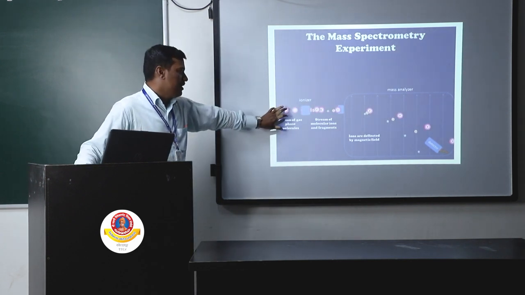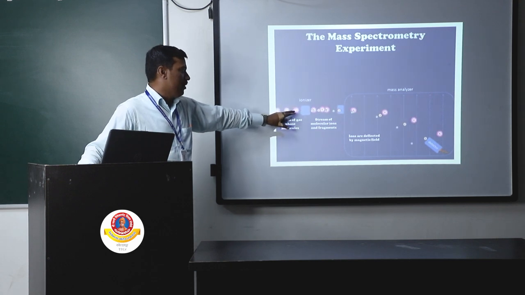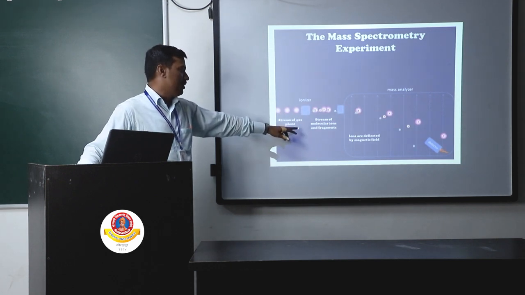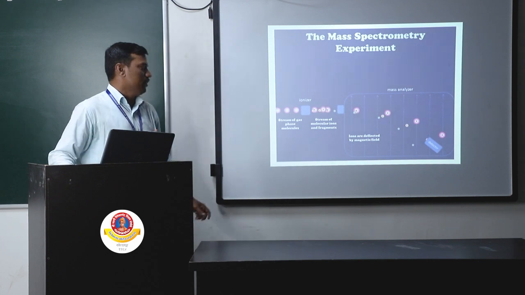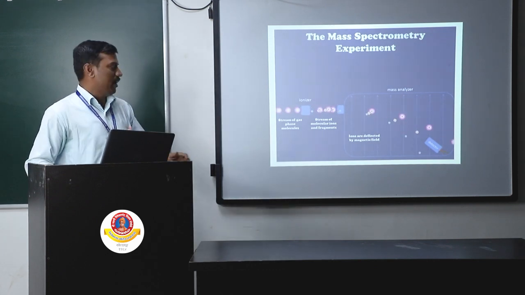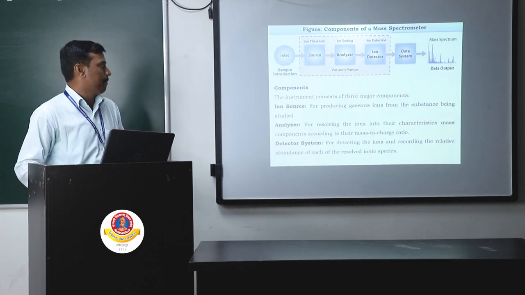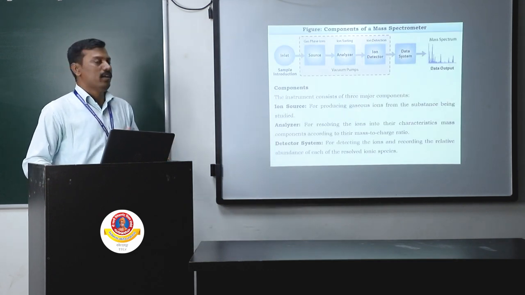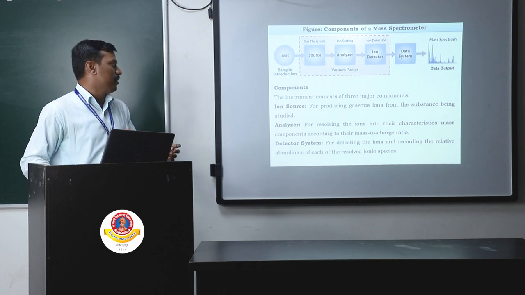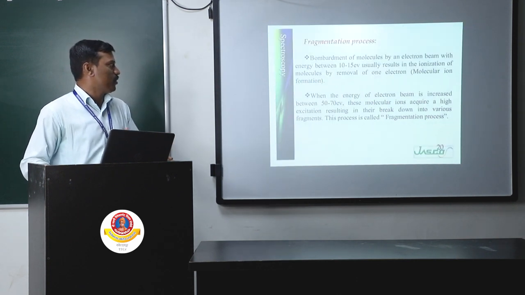As I said, the sample is injected into the ionizer. In the ionizer, a high beam of electrons is bombarded on it, and it converts into ions, and at the end they are detected in the detector. So this is the basic instrumental diagram of the mass spectrometer.